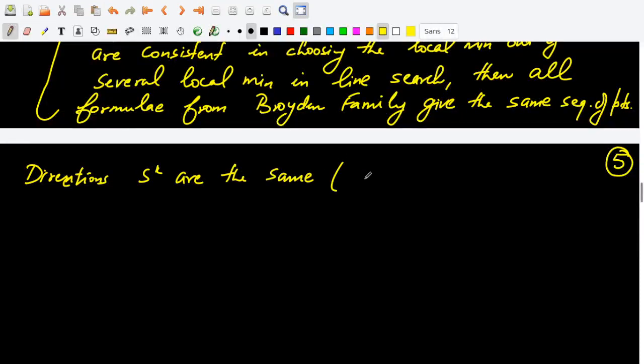They may differ in magnitude, but in the sense of direction they are exactly identical.